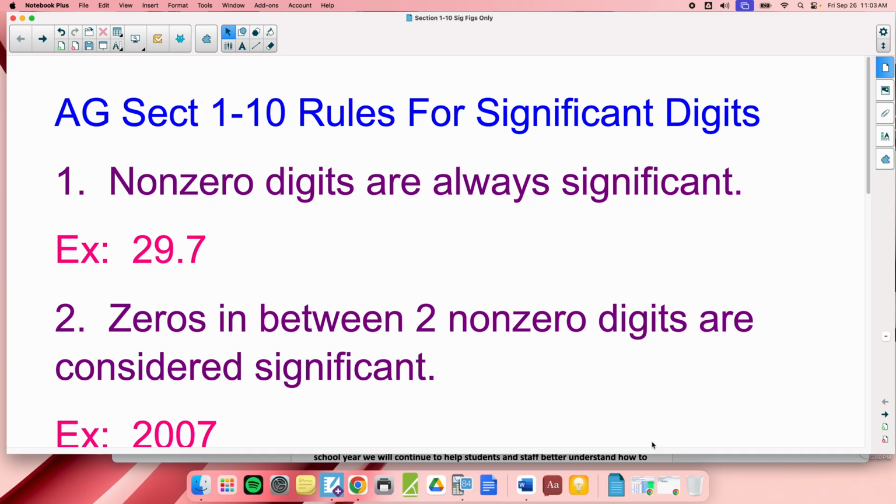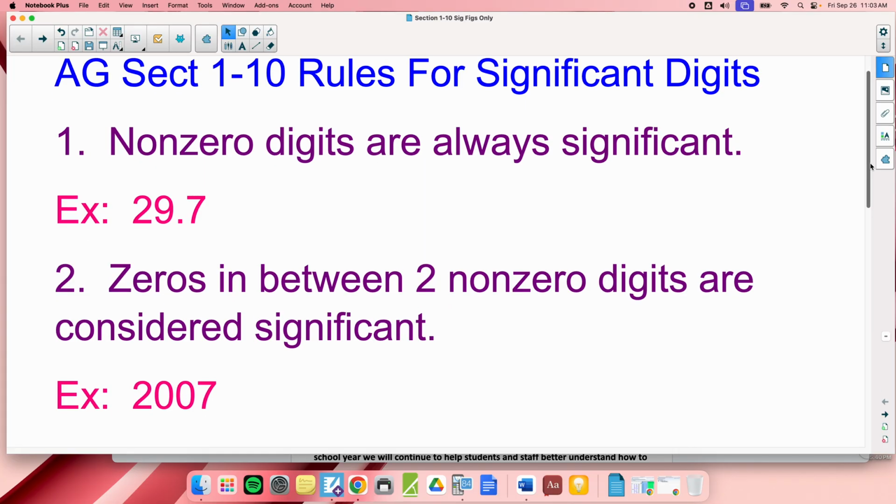So in science, there is something called significant digits with measurements. In science, we call them significant figures, and you'll hear your science teachers, especially in chemistry and physics, talk about sig figs, okay?